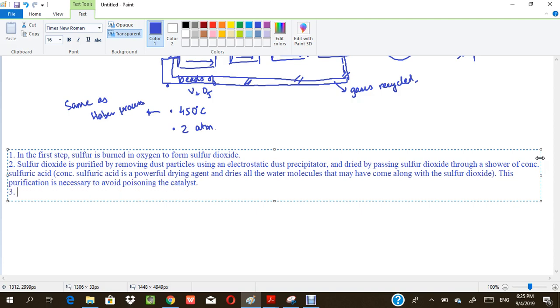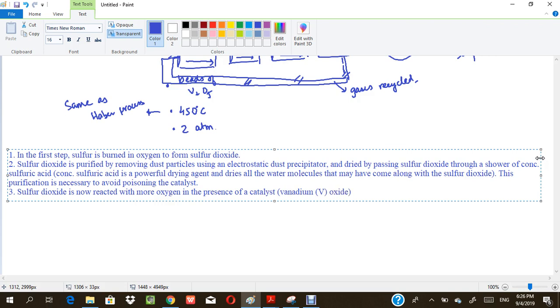Number 3. Sulfur dioxide is now reacted with more oxygen in the presence of a catalyst, which is vanadium 5 oxide.